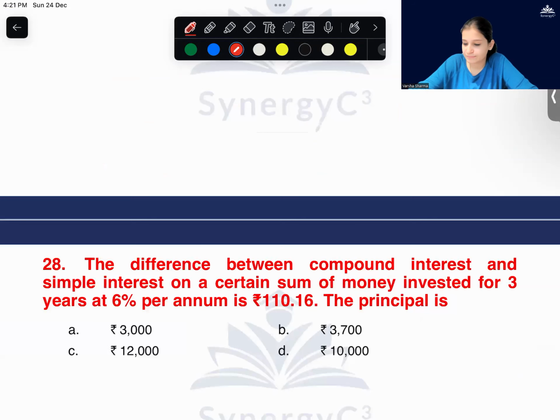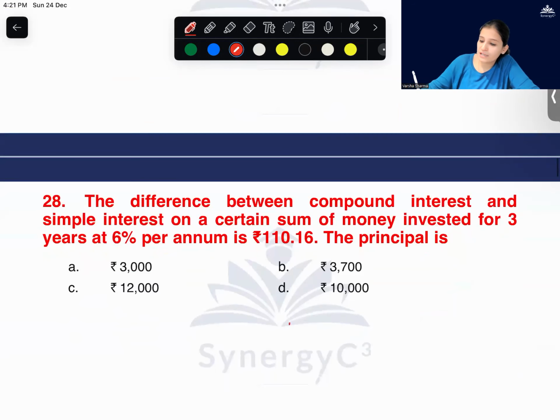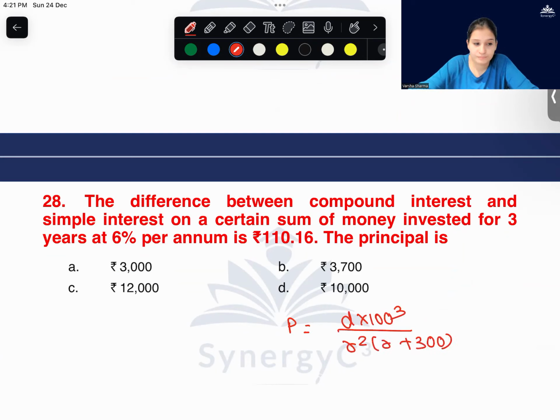Everyone, any doubts? Shravya? The trick. Apply. What was the formula? D into 100 cube upon R square into (R plus 300). Apply.